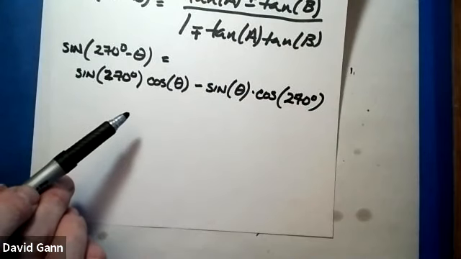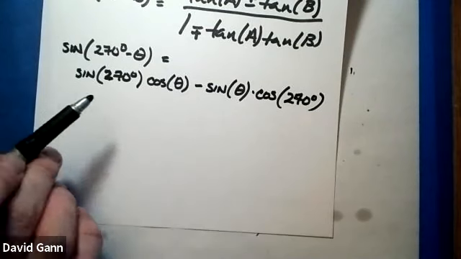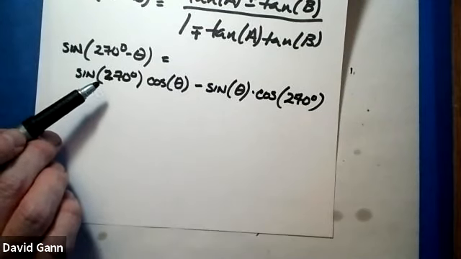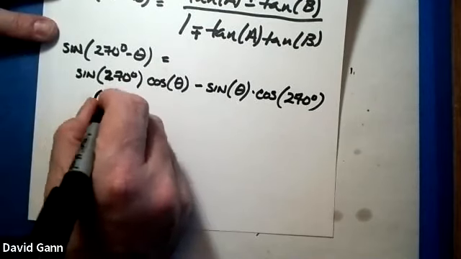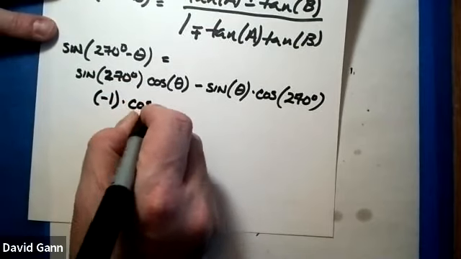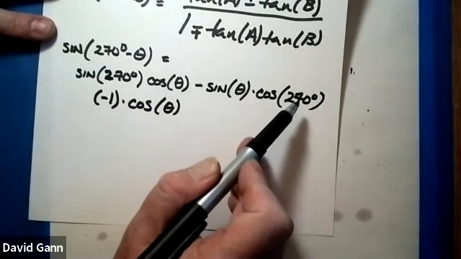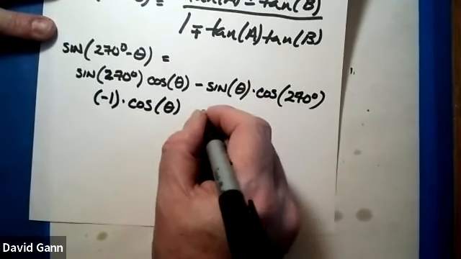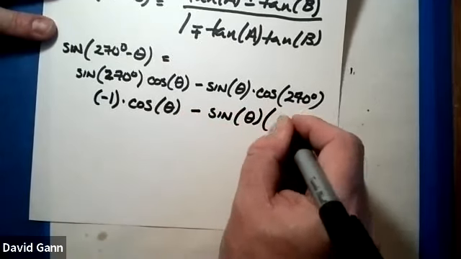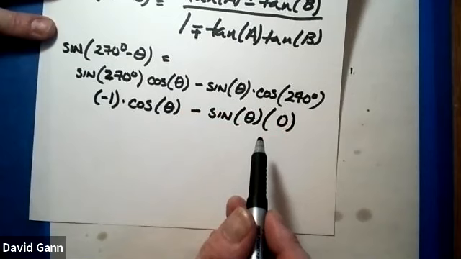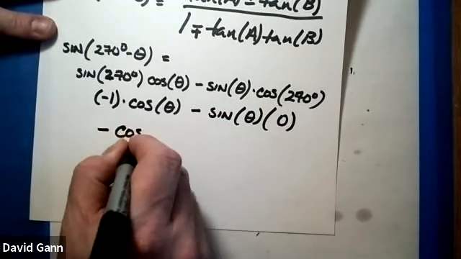Now, one of these is going to be equal to 0, and one's going to have, I think, a minus sign in it. So recall the quadrant angle 270, sine of 270 degrees is actually -1. Here, cosine of 270 degrees is actually 0. And so in some sense, this second term disappears, and all we're left with is minus cosine of theta.